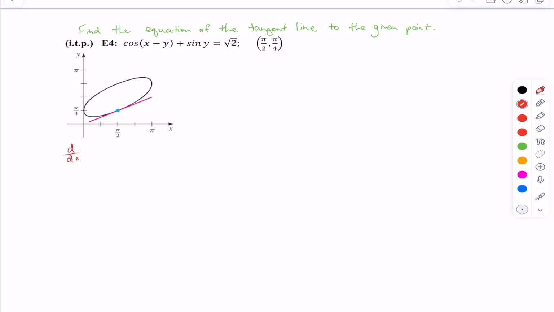So we're going to take the derivative with respect to x of that given equation. You are going to have to do some chain rules here because you can see y is living inside another function.